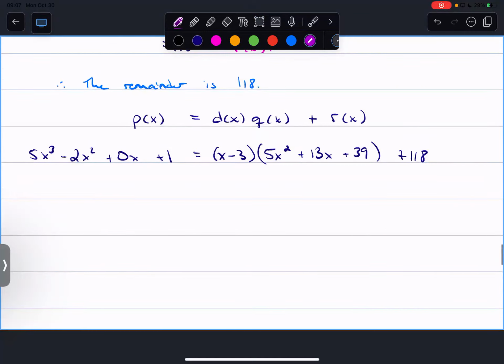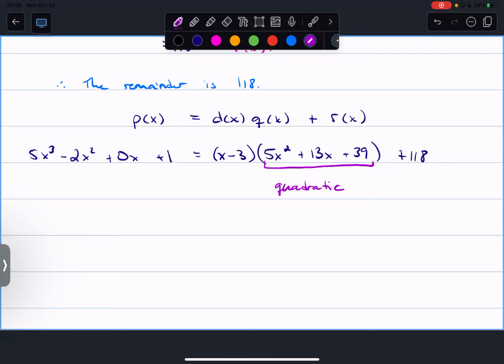All right. I'll just make a note here that this is a quadratic. Is it going to have a nasty square root again? How can I check? If I do b squared minus 4ac, if it's not a square rootable thing, then it's going to be nasty. So I'll do 13 squared minus 4 times 5 times 39.